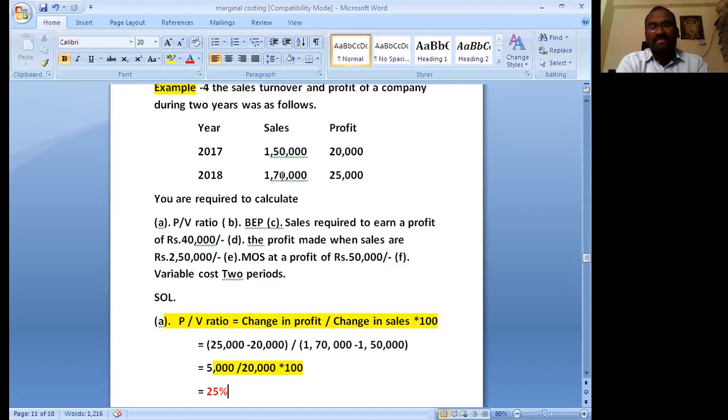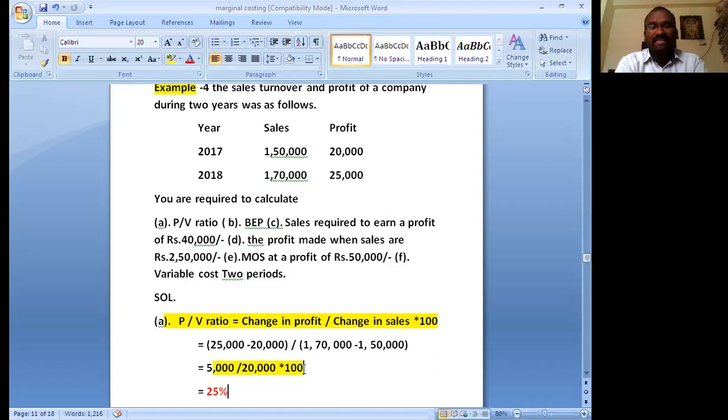In the same way, change in sales is 1,70,000 minus 1,50,000, which is 20,000. So the difference in profit, 25,000 minus 20,000, divided by 1,70,000 minus 1,50,000.